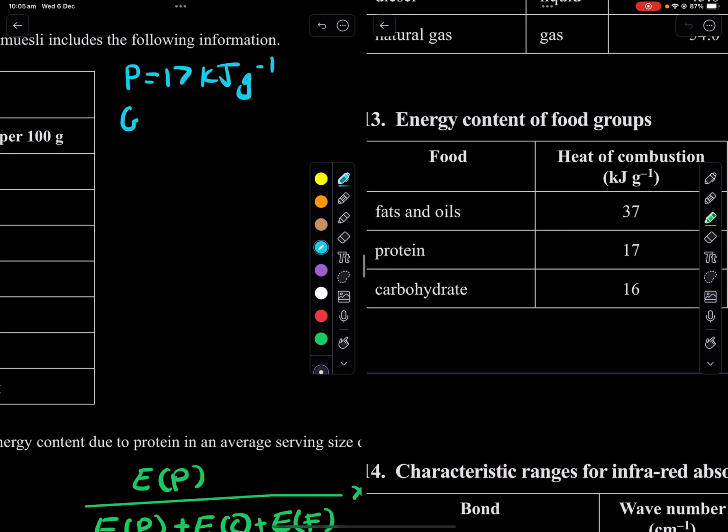For carbs, it's 16 kilojoules per gram, and for fats, it's 37 kilojoules per gram. That's it. So we have those energies.